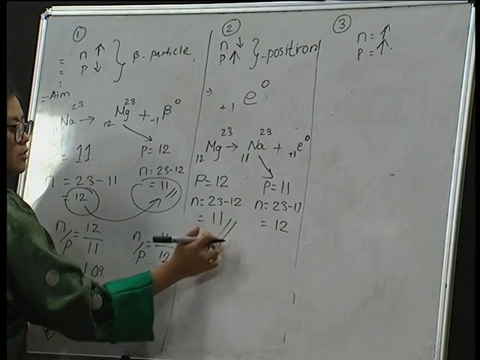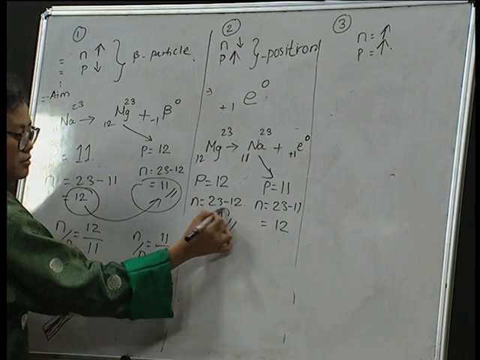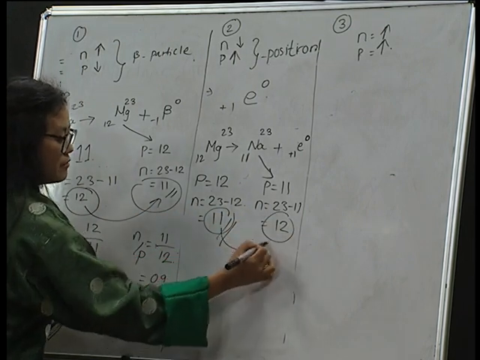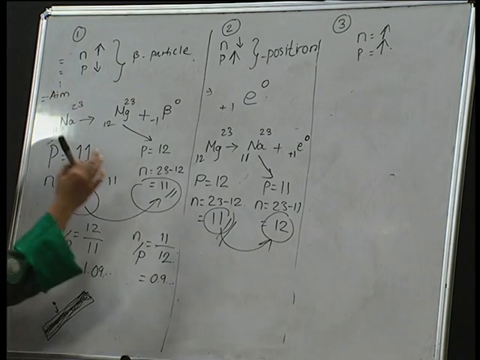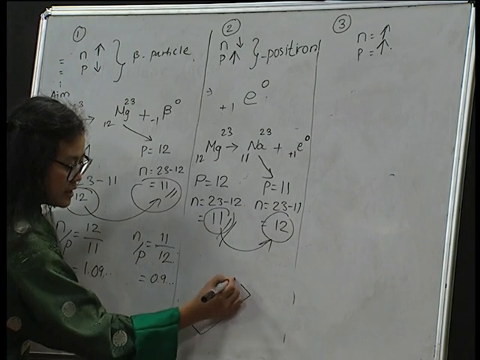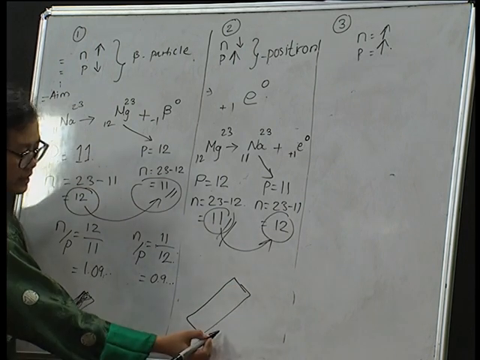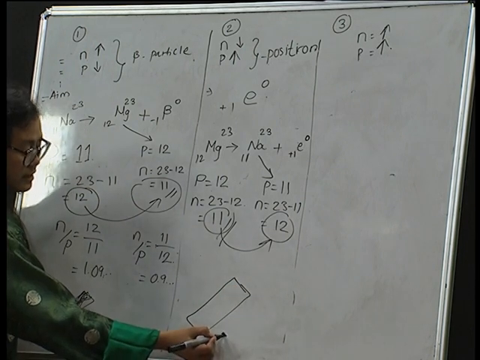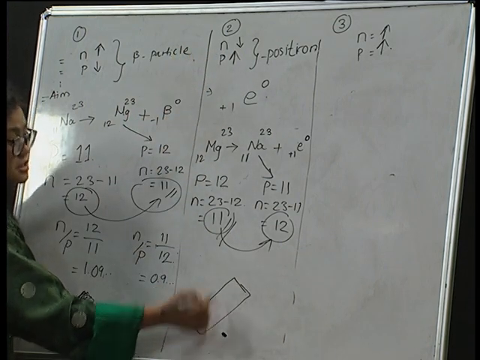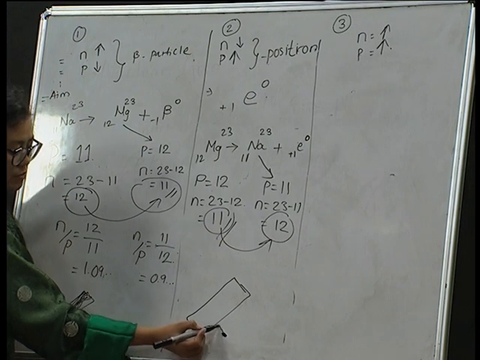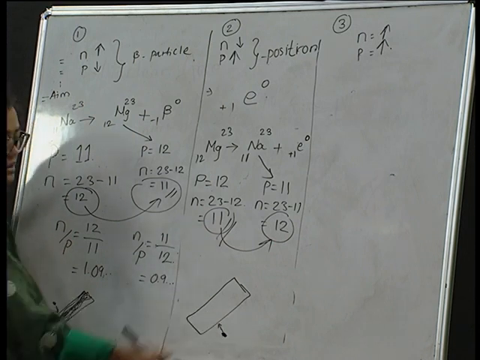To increase the number of neutrons. So, here you will see there is an increase in the number of neutrons. Even the NP ratio will be increased. Now, this is the stability zone and the elements are residing here in this category. So, when an element present here emits a positron, it will move closer to this stability zone.